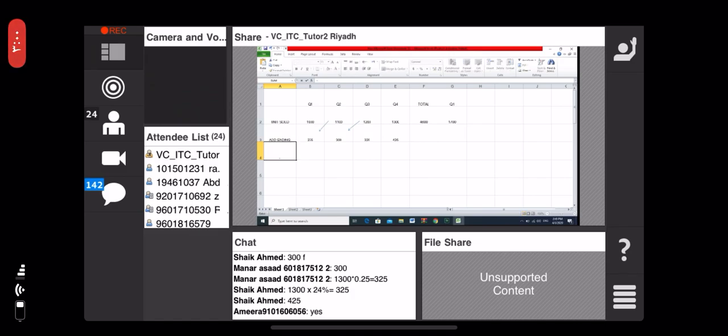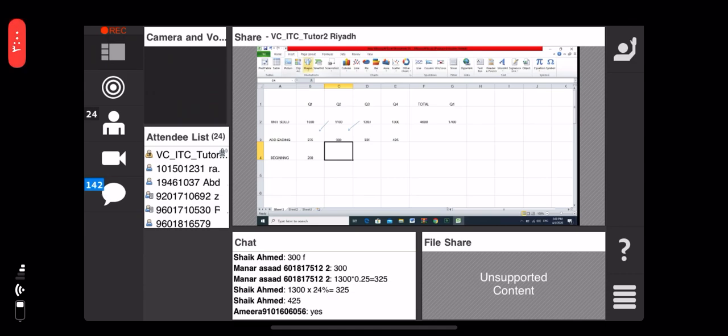Minus the beginning inventory, 200. And we know the ending inventory for the first quarter will be the beginning inventory for the second quarter.